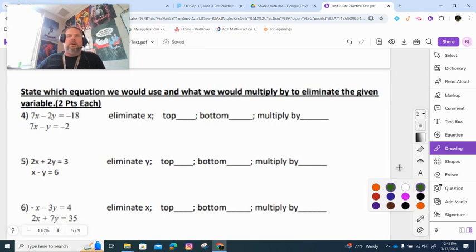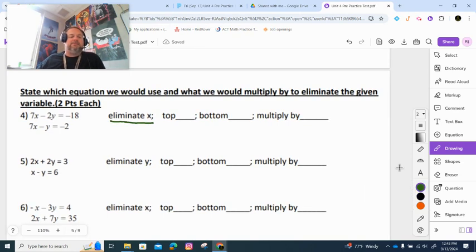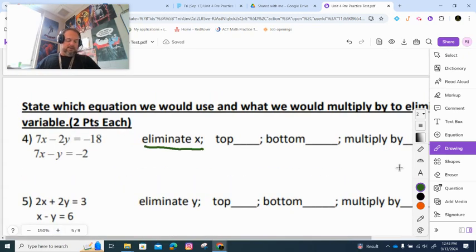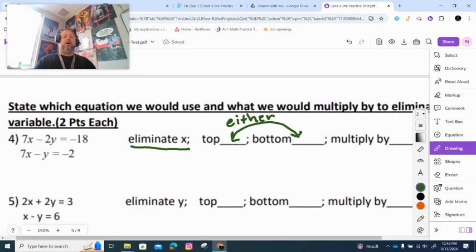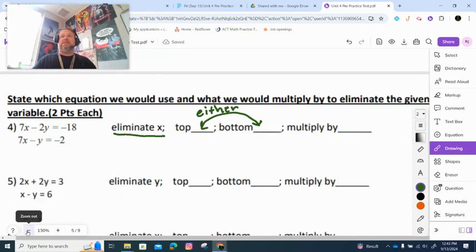Now, so if we're eliminating x. Okay? You could have said top, you could have said bottom. It could have been either because they're both the same thing. I didn't mean for that to happen, it just did. We need one of them to not be a positive.